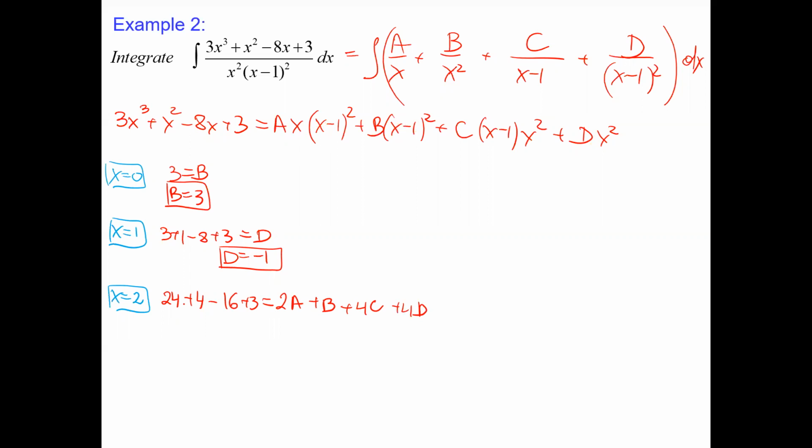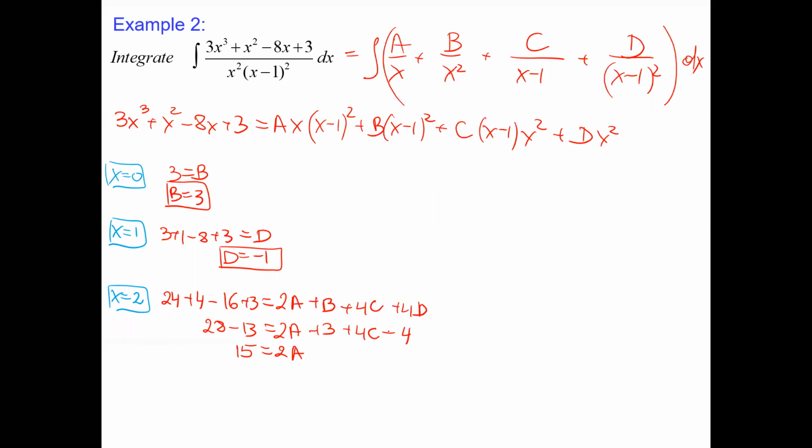So what we can do, I can maybe do 28 minus 13, 2a, and b is 3. We can put 3, 4c, and d is negative 1. I mean, we have 15 on this side, and 2a, this is simply 3. 3 minus 4 is negative 1.